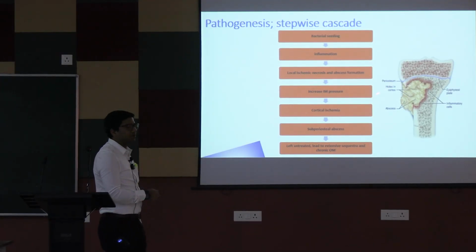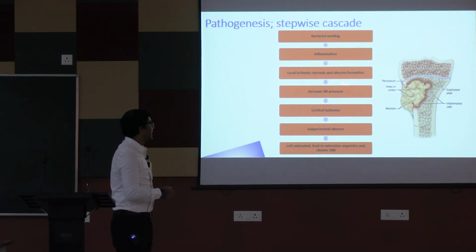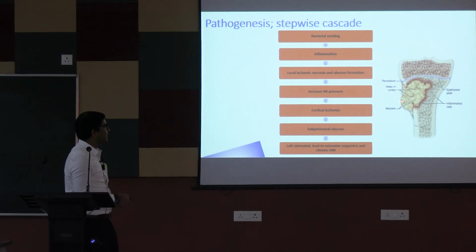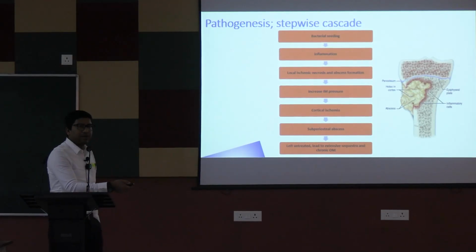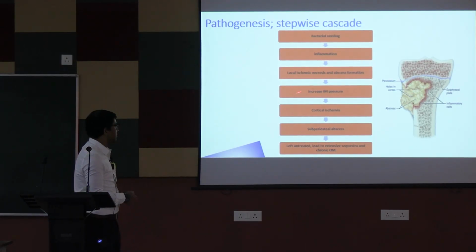It compresses the blood vessels and can cause ischemic necrosis of the cells over this region. All these processes, like inflammation, edema, and degenerative cells, increase the intramedullary pressure over this region. They can propagate the ischemic process, and all this subsequently leads to subperiosteal abscess.